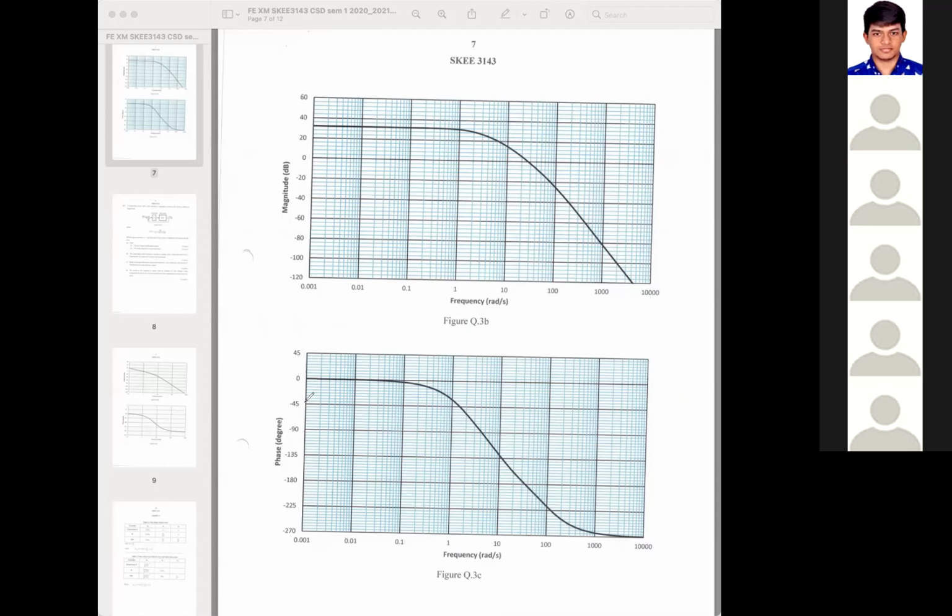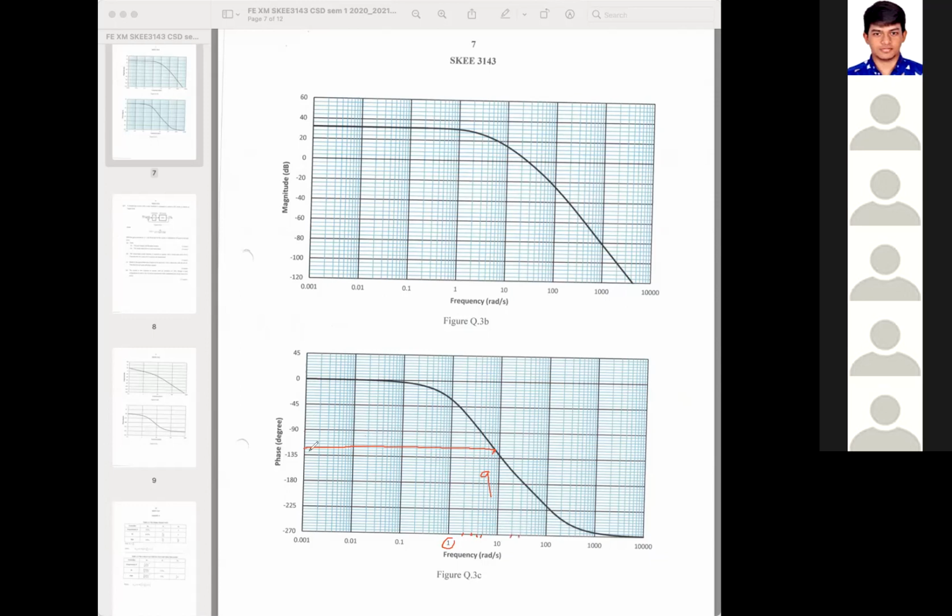Sorry, what was it earlier? 180 minus 58, 122. So this is minus 122, roughly somewhere here. The answer is 9 radian. Here 1, this is 2, 3, 4, 5, 9, this is 11, this is 20, 30.